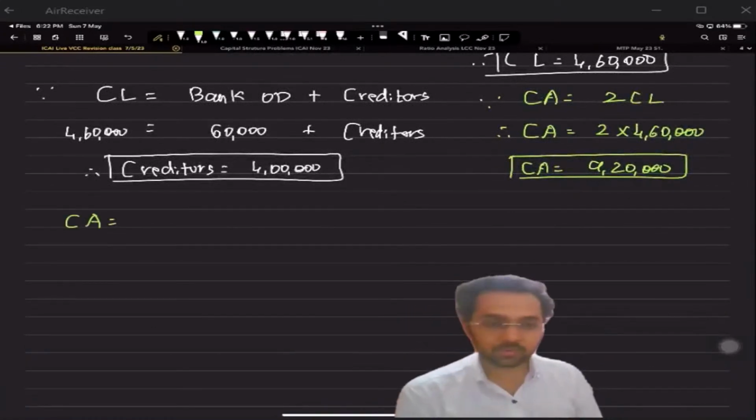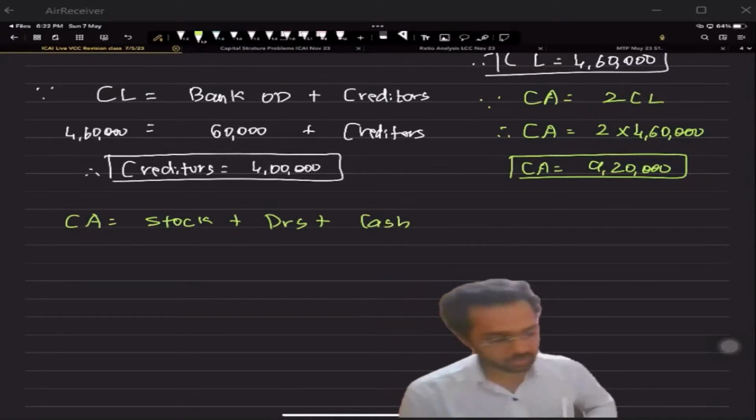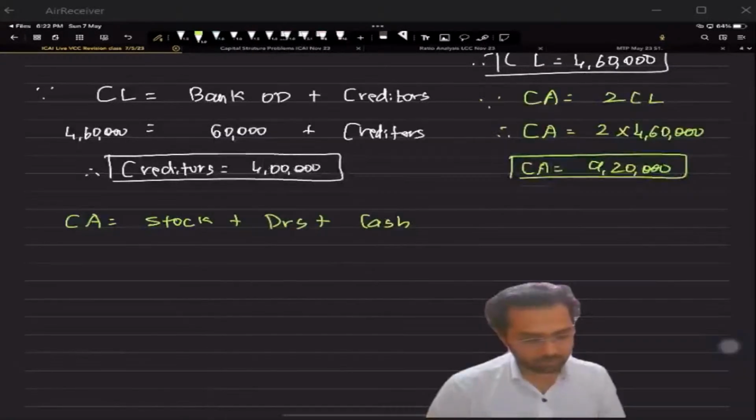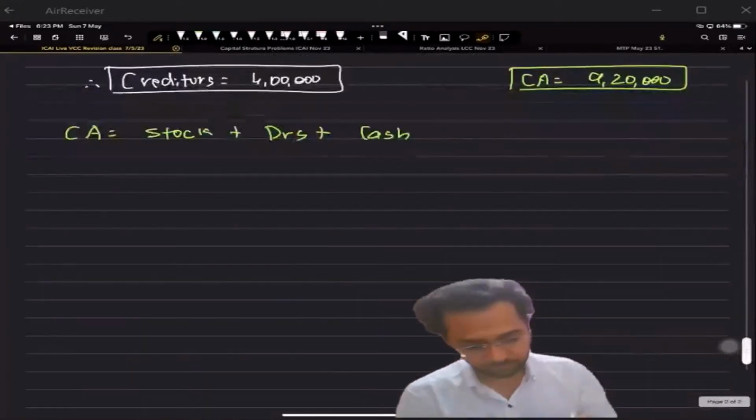Now, current assets, what does it include? It includes the stock, it includes the debtors, plus also includes the cash balance. So we have stock value with us. The closing stock figure is 2,30,000.